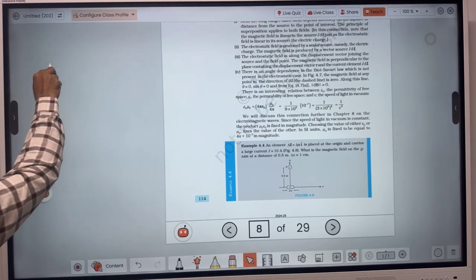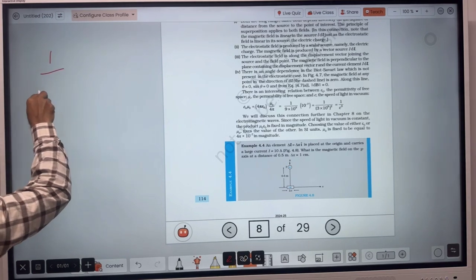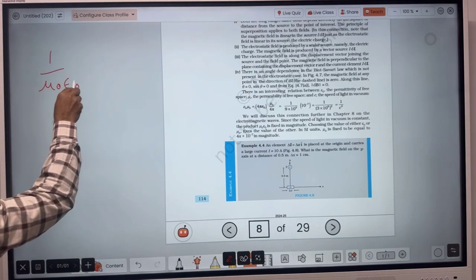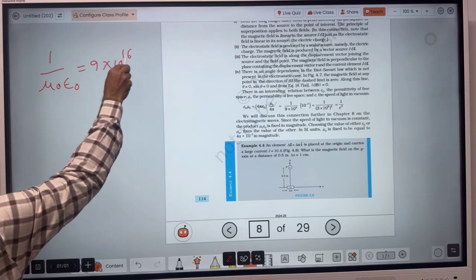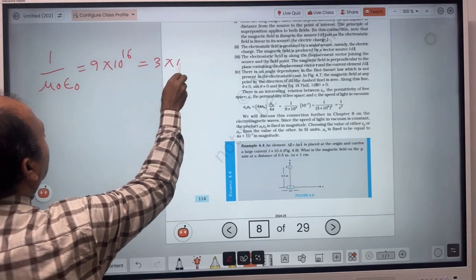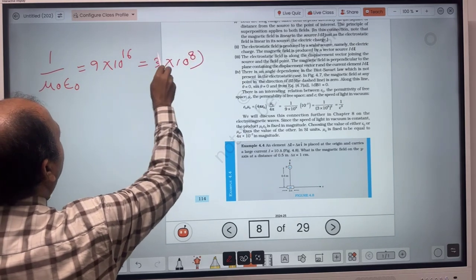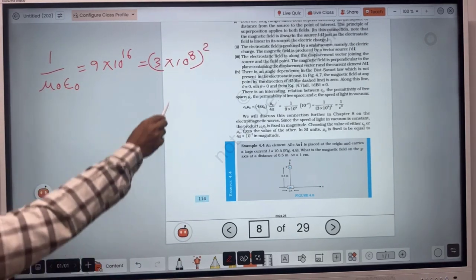So we have got 1 upon mu naught epsilon naught as 9 into 10 to the power 16. If we write it as 3 into 10 to the power 8 whole square, is it okay? Yes, it is okay.